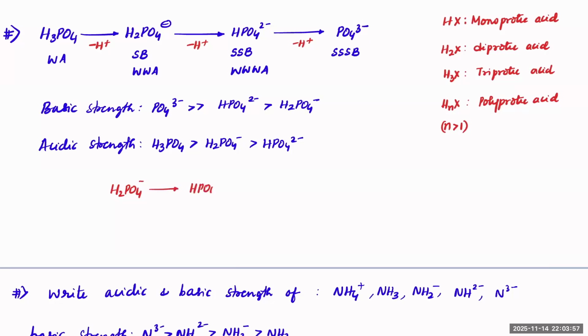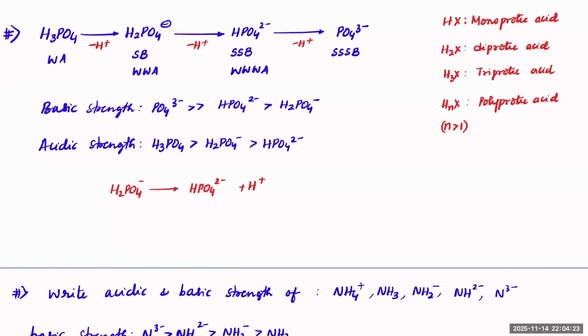Already it is negatively charged. Removing a positive charge out of it becomes extremely difficult because H plus will be strongly attracted back towards this. So the reaction will move backward, which means extracting proton out of H2PO4 minus is very difficult, correct?